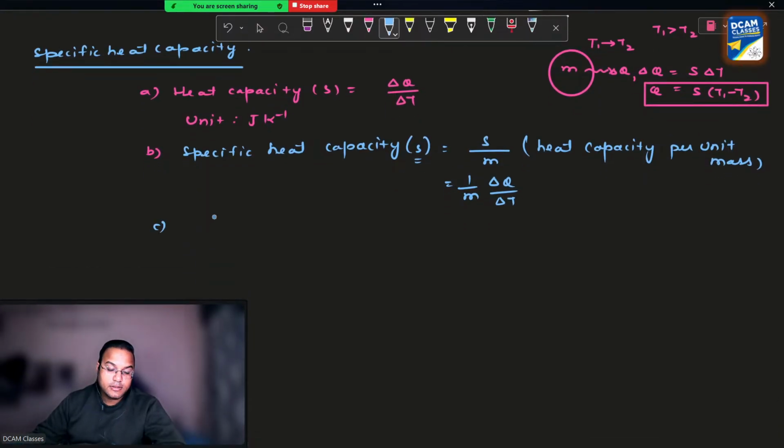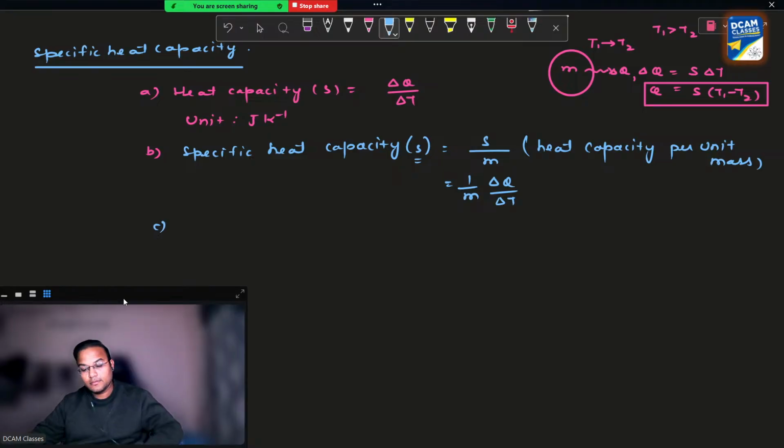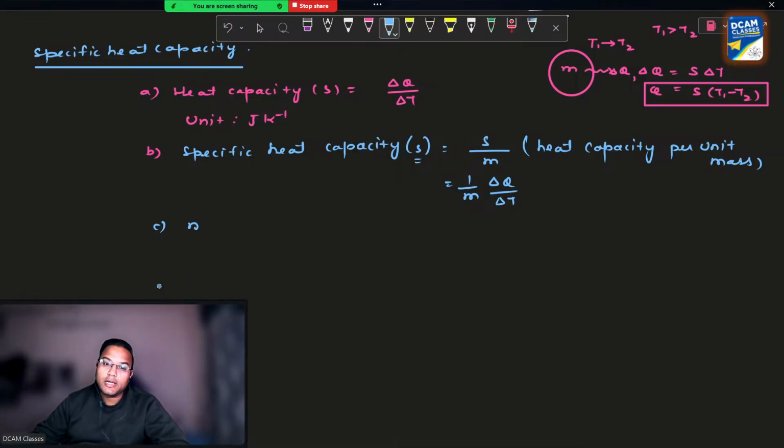Usually, when we use it in concepts, we use molar heat capacity.